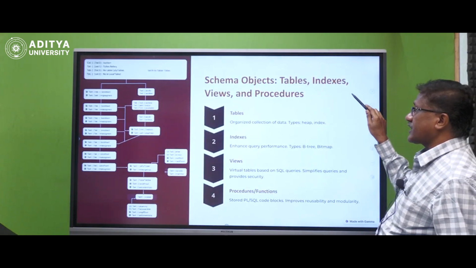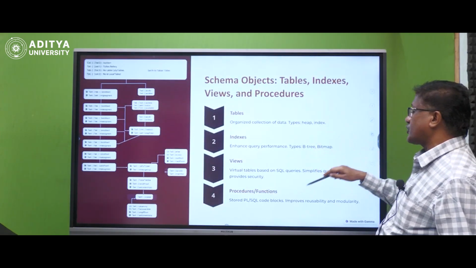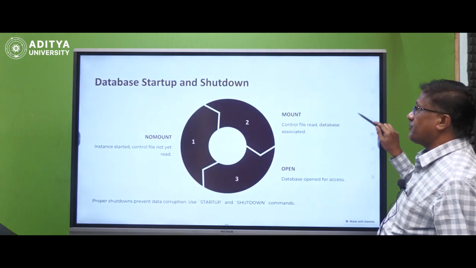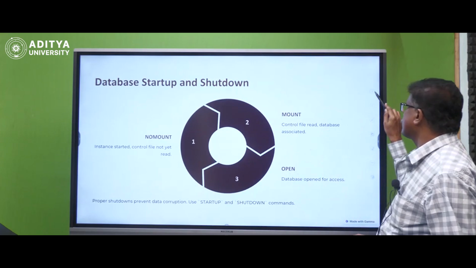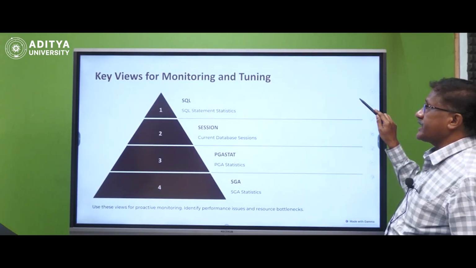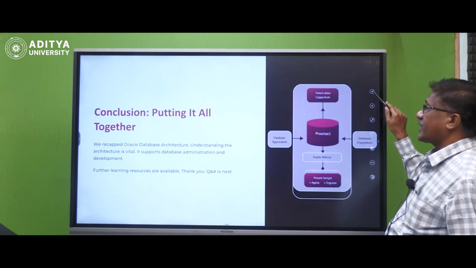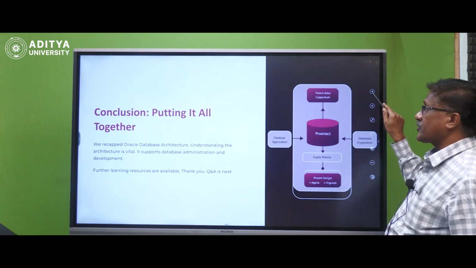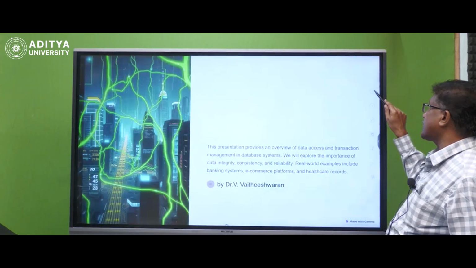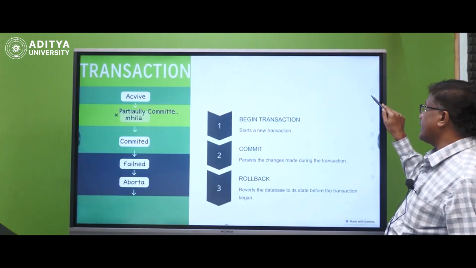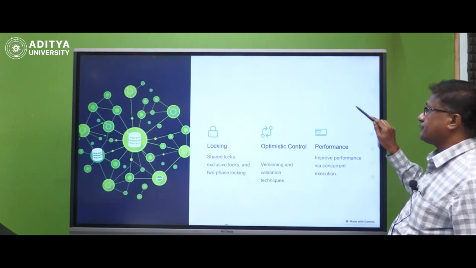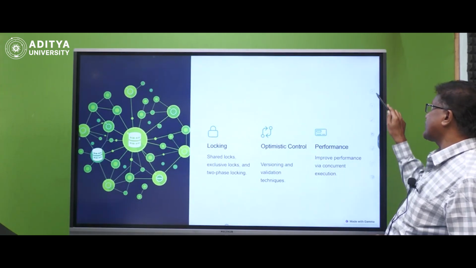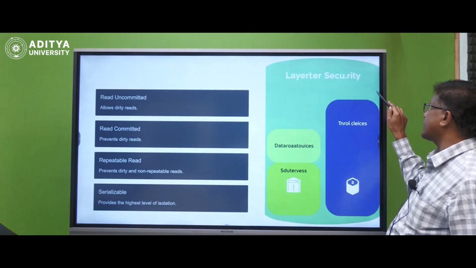The schema objects are how tables, indexes, views, procedures and functions play a very important role, how the Oracle database starts up and shuts down, and the various types of monitoring and tuning in Oracle database. Finally, for transaction management, we studied begin, commit, rollback and the locking facilities in the databases.